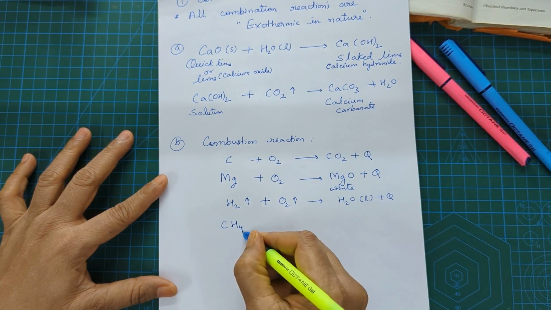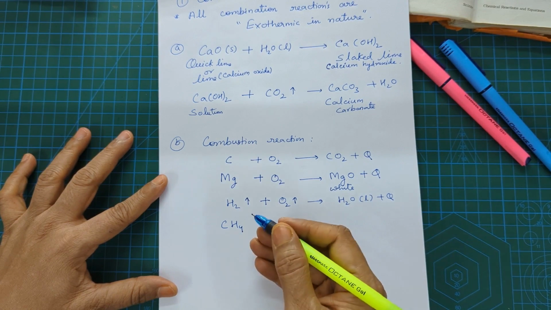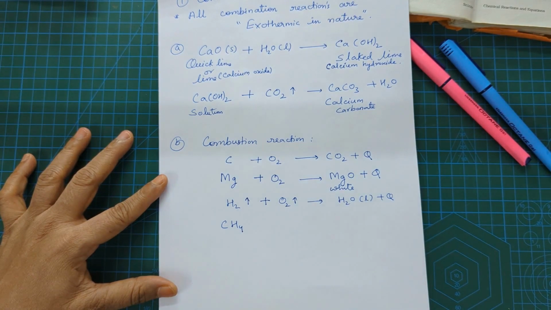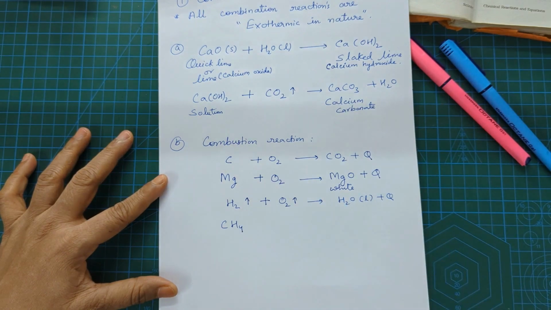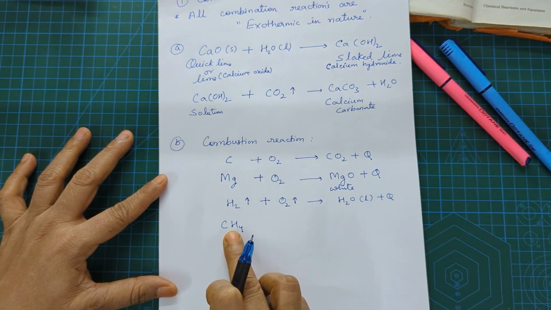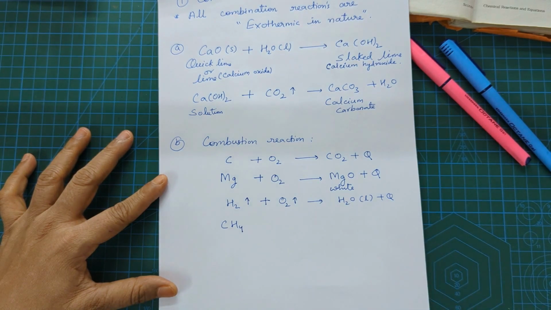Also, any fuel. So hydrocarbons are fuel, carbon is a fuel. Hydrocarbons mean all petroleum products, and all edible things are carbohydrates. Carbon is combustible. Hydrocarbons are petroleum products, and edible things are carbohydrates.